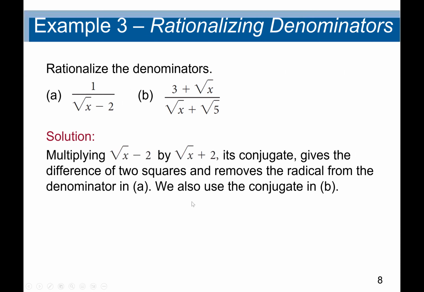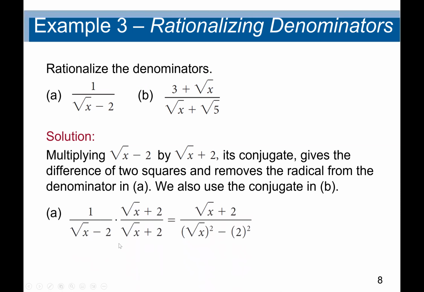So for example, in our first problem, I have a square root of x minus 2. I can multiply it by square root of x plus 2 to make it a difference of 2 squares. Then we're going to get square root x all squared. So the square will cancel the square root.